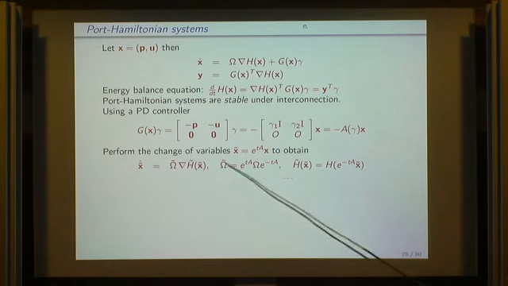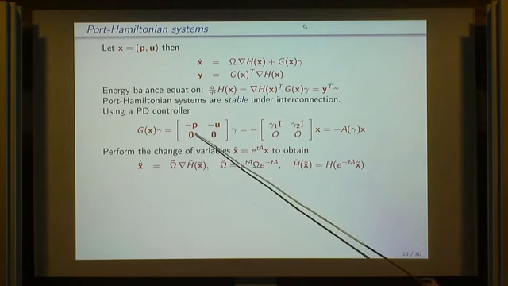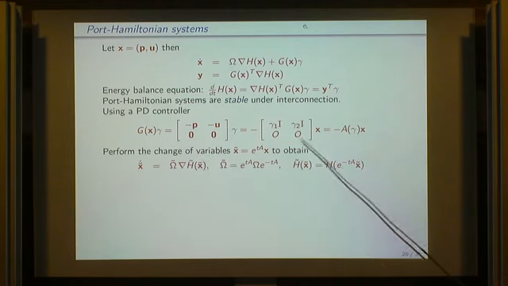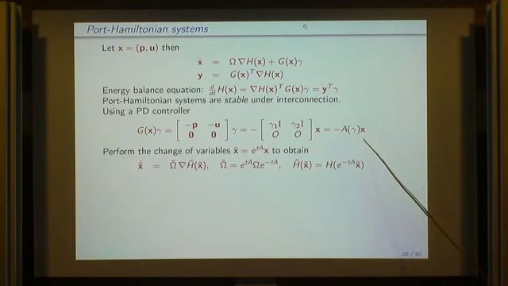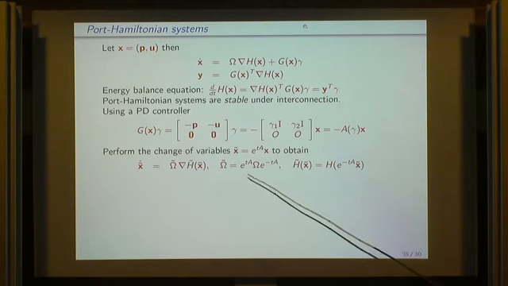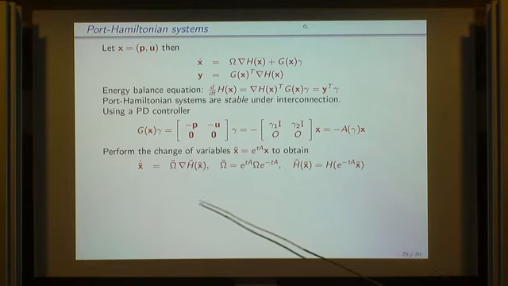I mean, it's the sum of the two Hamiltonian functions. However, in the case that we've seen so far, where this part was just depending on p, you can write this whole term as a matrix A times the state variable x. And in that case, what you can do is make a change of variables like Nesterov did in his method, or perhaps he didn't do it, but did it anyway.